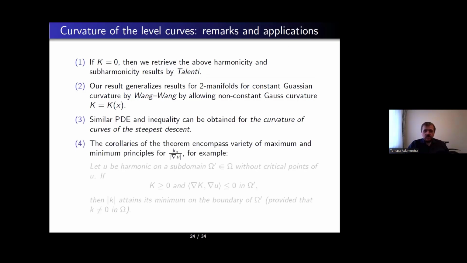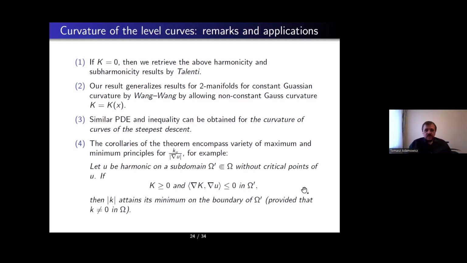Perhaps the consequences of these equations and inequalities are more interesting than the equations themselves, because the corollaries of the theorem encompass a number of maximum and minimum principles for this expression.